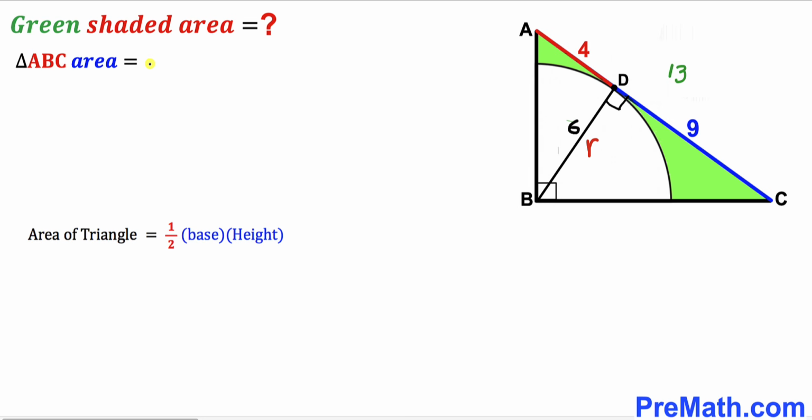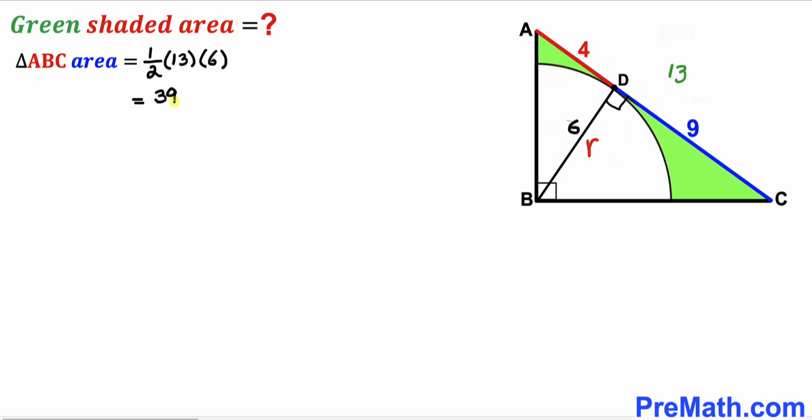So the area of triangle ABC is a half times 13 times 6. If we simplify and multiply, that gives us 39 square units. So the area of this triangle ABC turns out to be 39.